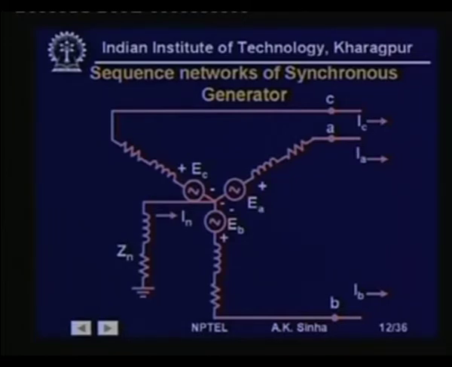But if we take the ideal situation where the three currents are sinusoidal and their phases are exactly same, then the MMF produced by currents flowing in the winding is going to be 0, and therefore, the impedance seen by these currents in this machine is going to be just equal to the leakage reactance of the windings.